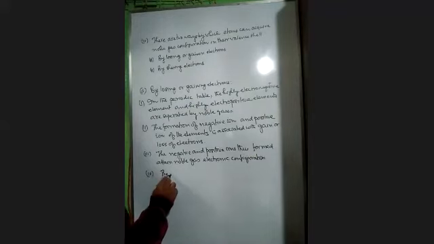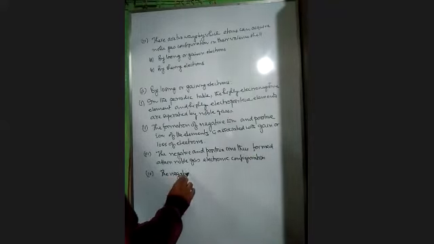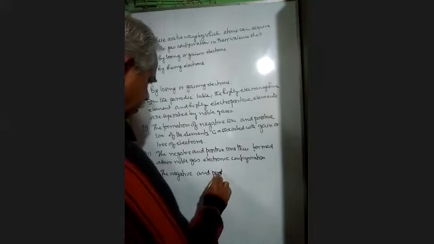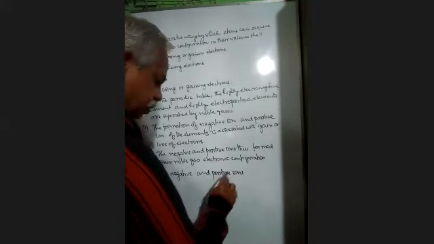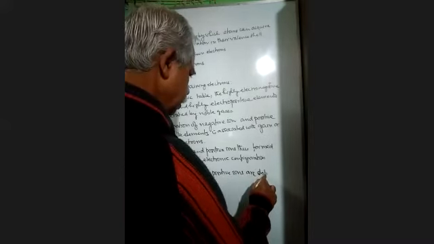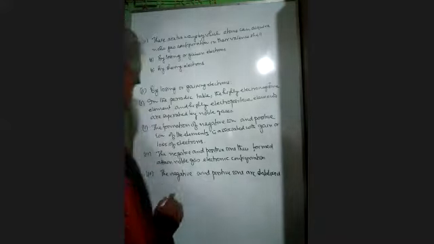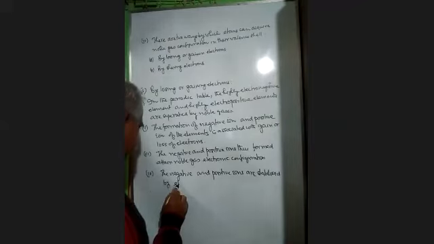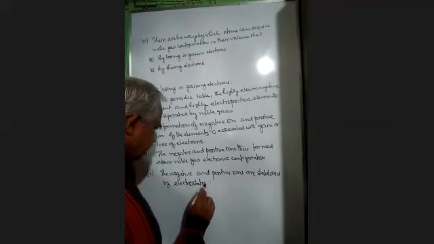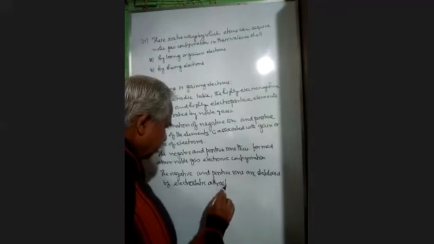The negative and positive ions are stabilized by electrostatic attraction. So this is the theory of formation of ionic compound.